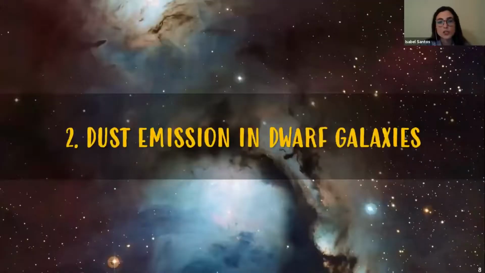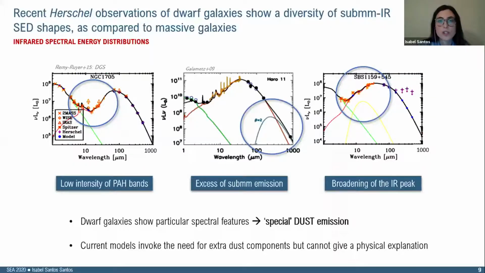A second project of my thesis concerned dust emission in dwarf galaxies. In particular, recent Herschel observations of dwarfs showed that they had special and diverse spectral energy distribution shapes, especially in the infrared region.